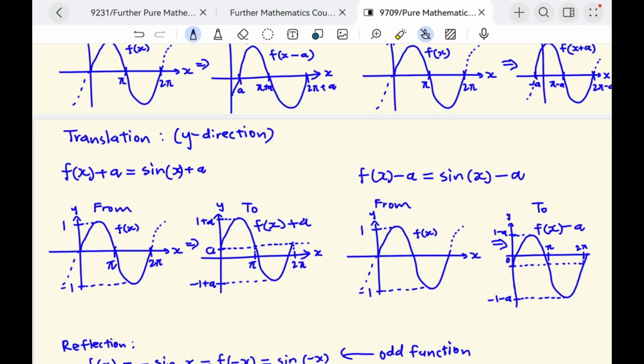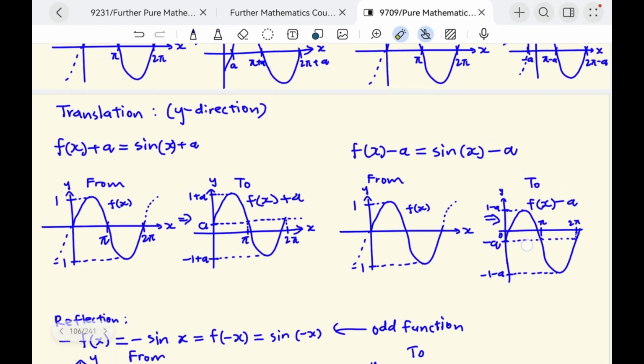And when this coordinate is negative a, the entire function sine x minus a means that this graph moves downwards by a units. Shifted downwards like this. So this is how the transformed graph looks like.